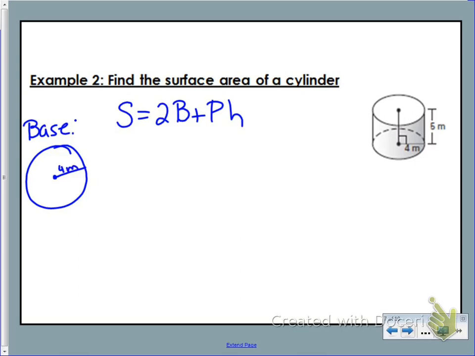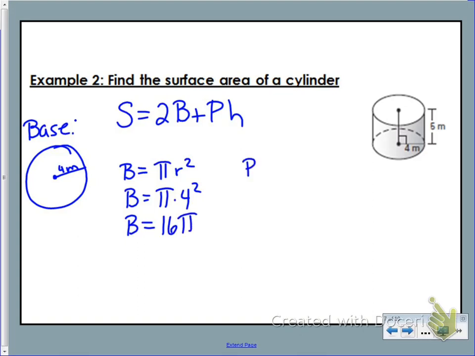So we're going to show our work and we're going to label every single step so you can get as many points as possible. Well, if we're finding the area of the circle, we're doing the same formulas as we did last unit, pi r squared. So I'm writing the formula first, and then I'm plugging in my information. Well, I'm going to keep this in exact form so I don't have any rounding errors. So the area of this base is 16 pi.